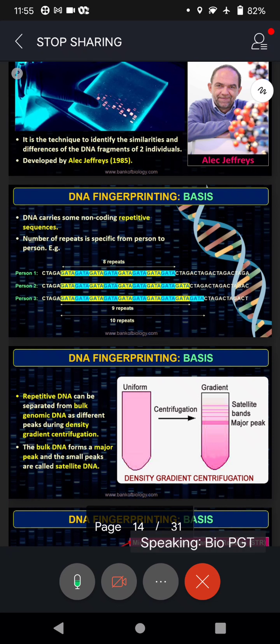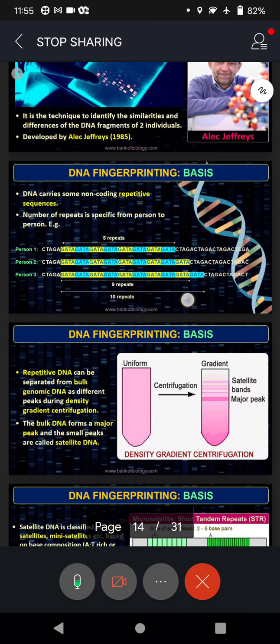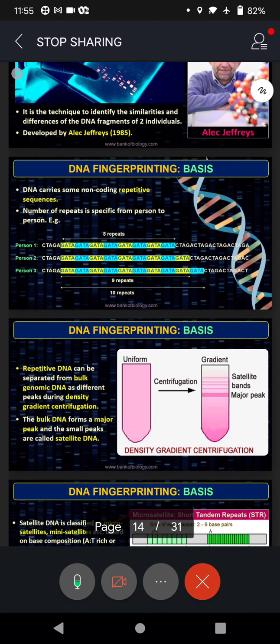VNTR: V stands for variable, N for number, T for tandem, and R for repeat. So VNTR stands for variable number of tandem repeats. That means these polymorphic units keep on repeating, and that will be the clue for us to identify the person.